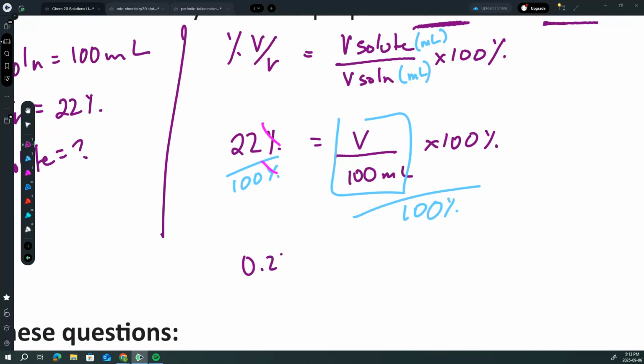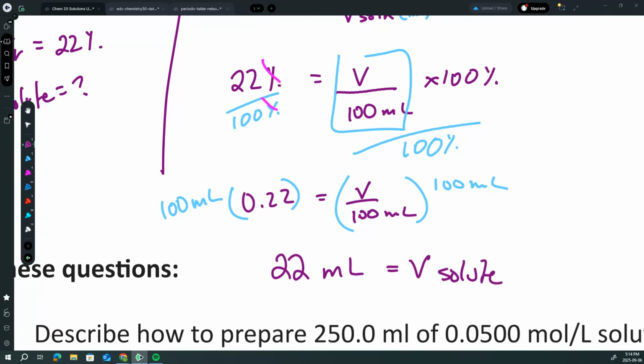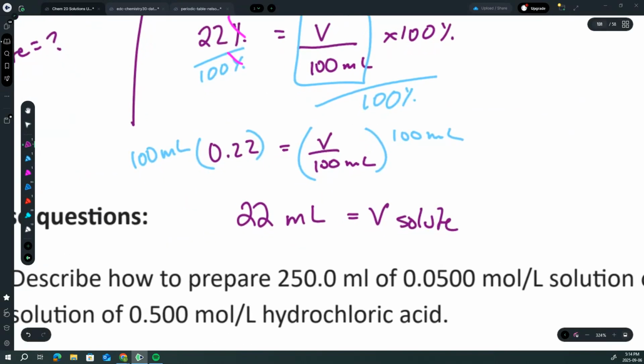So what we have is 0.22 is equal to volume of our solute divided by 100 milliliters. Since 100 is doing the dividing, I'm going to multiply by 100. So then we have 22 milliliters is equal to our volume of solute, which, how many sig digs do we have? Looks like we've got our answer already in sig digs, so we're good on that front.